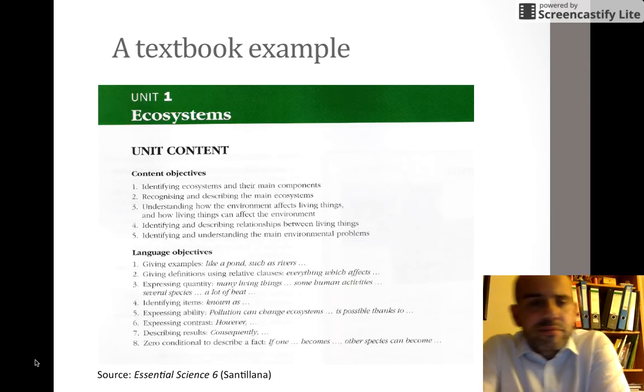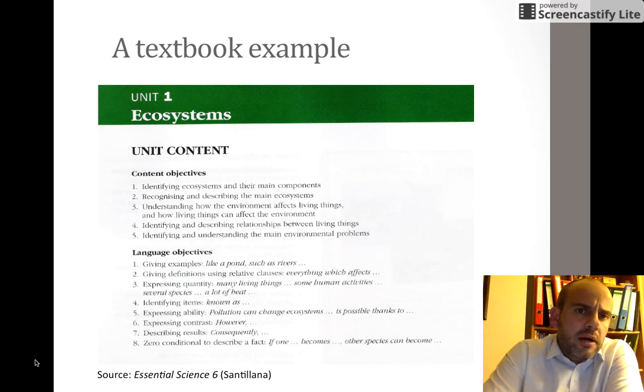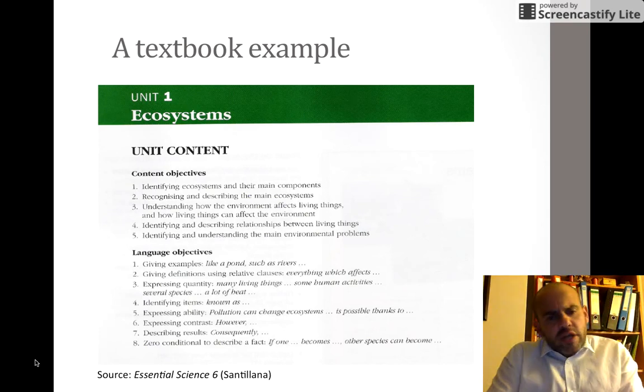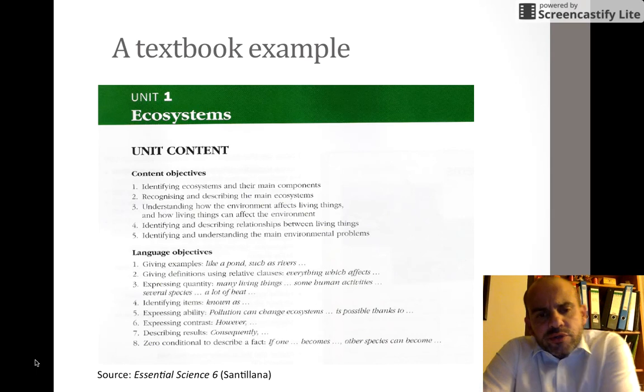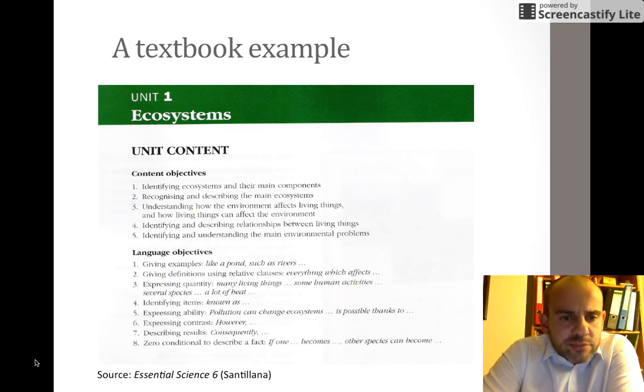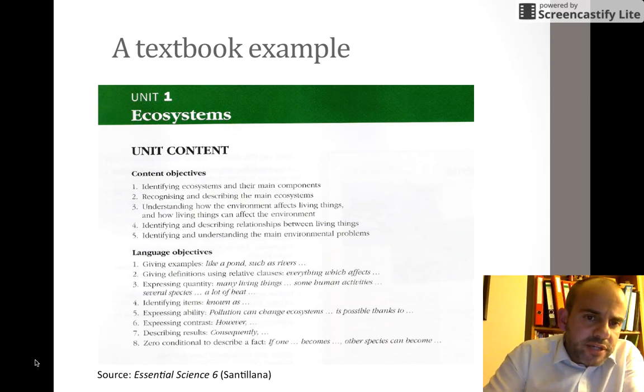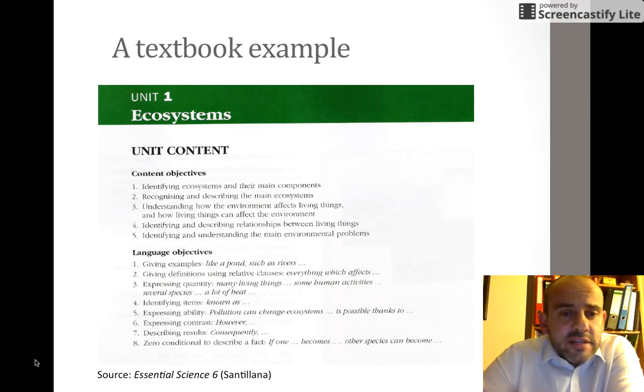Interesting textbook example here. This is a relatively old textbook, but I think they do a good job at connecting content and language objectives. Santillana, Essential Science 6. Notice how the language objectives very naturally emerge from the content objectives stated at the top, especially the more productive ones, the ones that have the word describing.